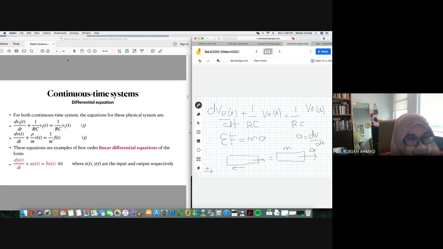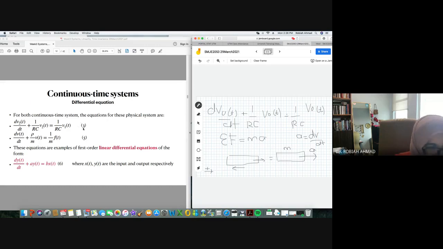So if you look here, for both continuous time systems, why is it continuous time? Because of the t here. Just before, when I said discrete, we have n, in terms of sample of time. But this continuous time system, it is t. For the first case, this is the RC system just now.